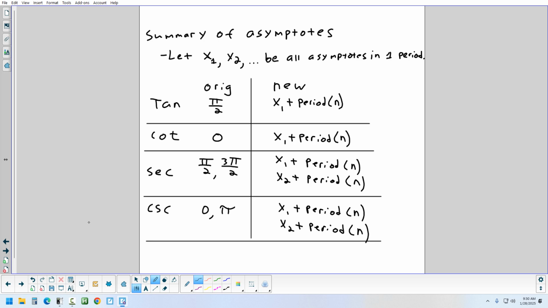For secant, your first 2 positive asymptotes are pi over 2 and 3 pi over 2. And for cosecant, your first 2 non-negative asymptotes are 0 and pi. Okay, what I need to explain is this column. And that's what the directions back on the other page are going to show you.